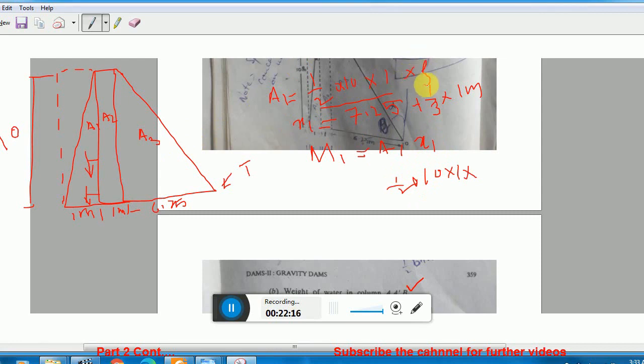So density 1000, because this is weight, this is load, and you have to multiply it with this one: 7.25 plus 1/3 of 1. Clear? You need to separate it. You just do this one and then multiply. This is separate. Okay, so let's see.